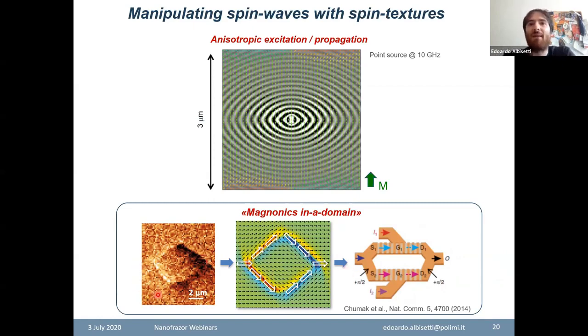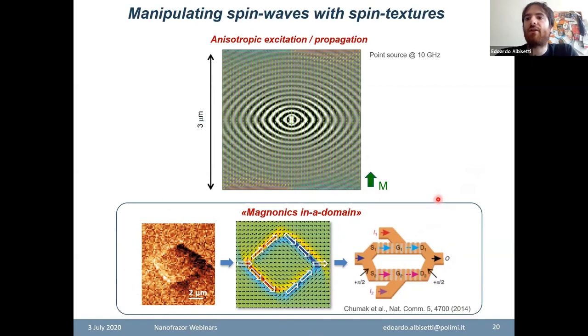So to have magnetic domains where we have spin waves propagating only on the edge of the magnetic domain, and then recombining at the end to build something like a Mach-Zehnder interferometer for spin waves, but instead of having to pattern the waveguides and to craft the material, you have it in the magnetic domains. All the functionality is in the magnetic domain, which means that if you rewrite the domain in a different way, you can have a completely reconfigurable functionality.